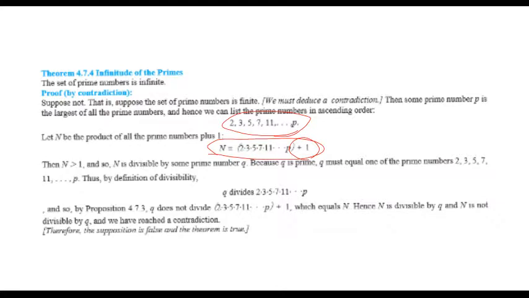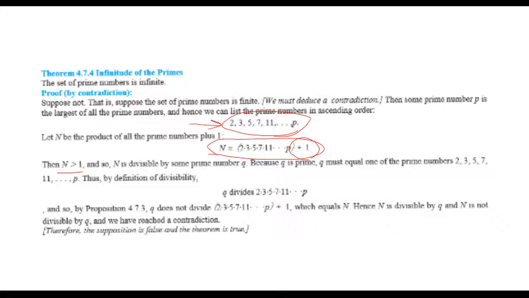Now we know that n is greater than 1 and n is divisible by some prime number q, right? Because n is obviously not equal to any of these prime numbers.